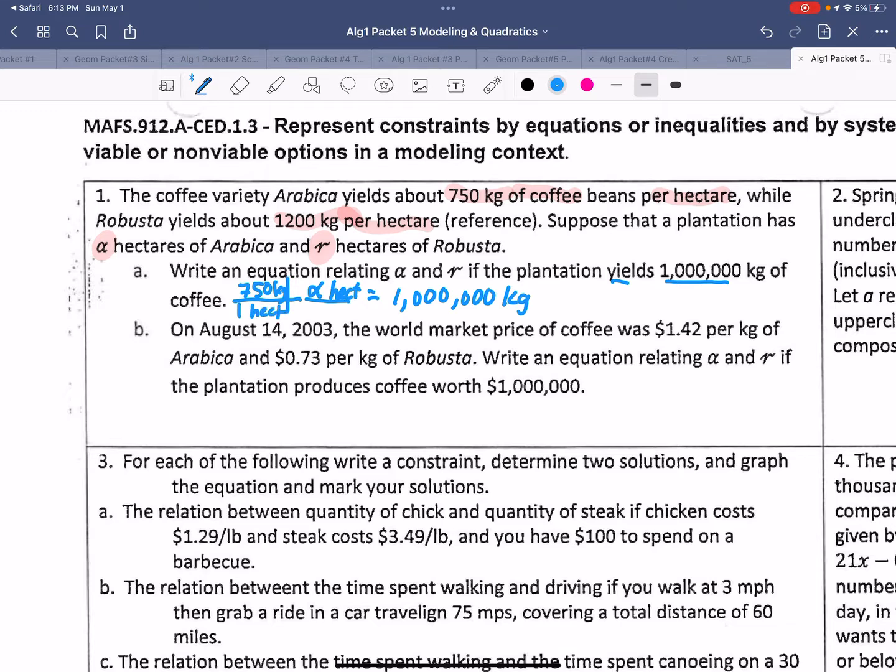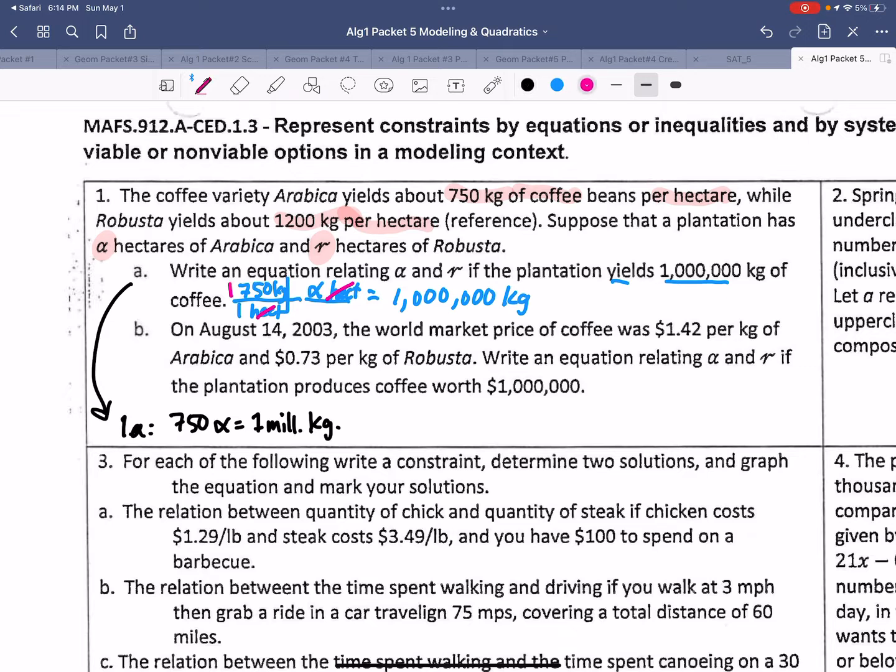So what happens here is that hectares cancel, and leaves our answer in kilograms. I'll just put this 1A. Since our units cancel, we know that 750 times alpha has to equal 1,000,000 kilograms.